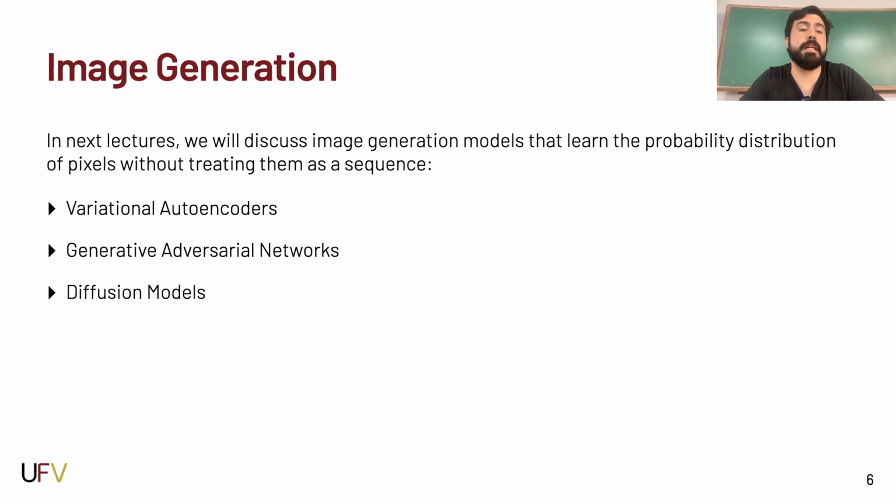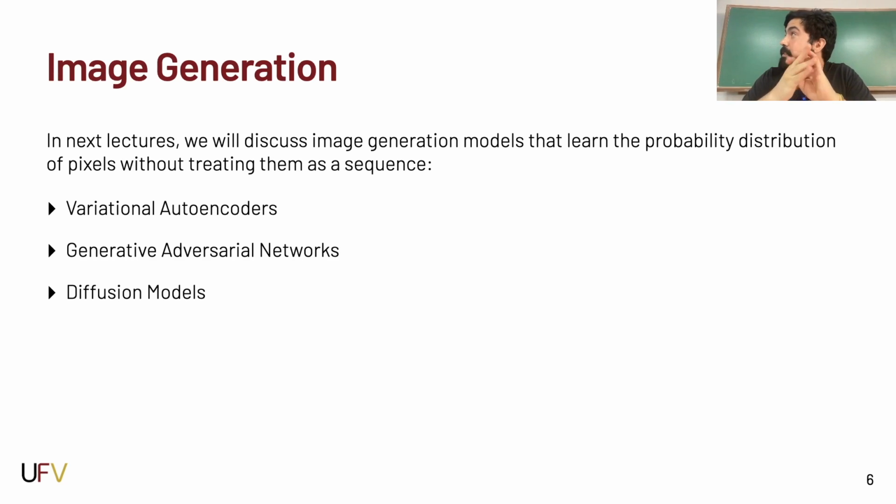Or I can even do better. Maybe I can have a data set of multiple types of objects. Maybe I want to train an image generator on ImageNet that has 1,000 classes, right? And somehow I want to control my distribution to say, oh, generate me an image of a bicycle, or generate me an image of a train or something, right? This is a slightly more complicated idea because I have to condition on the label itself, but that's the kind of models we're going to be talking about in these next 2 lectures.